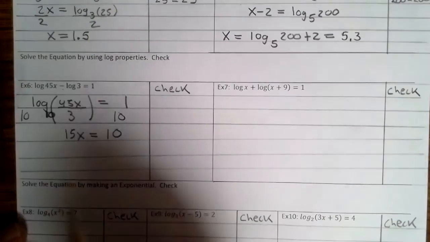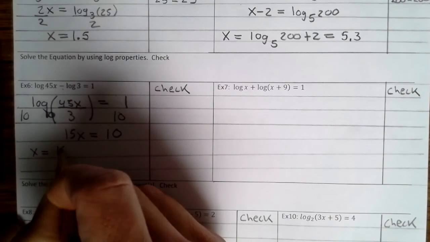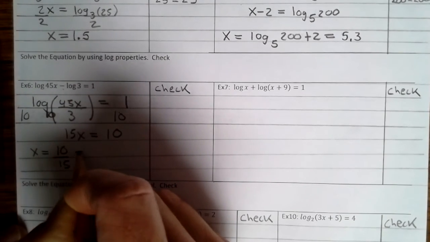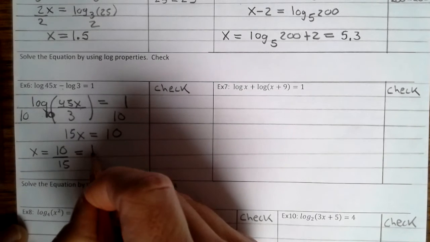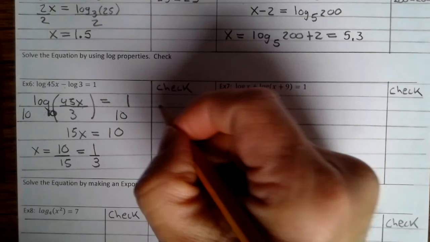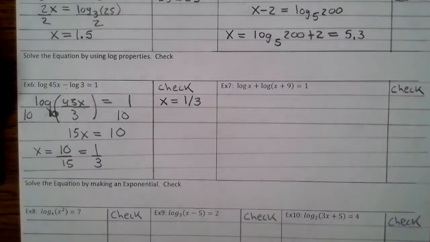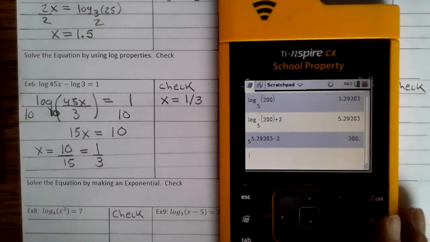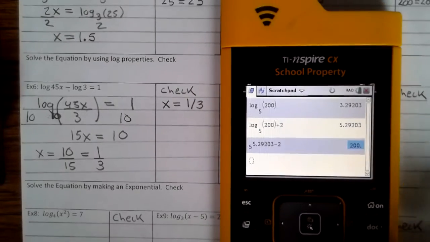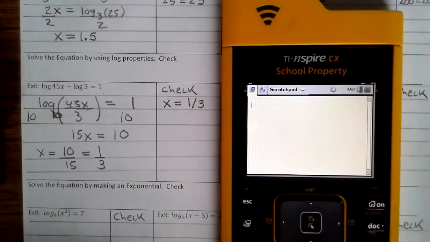Okay. Now let's check x equals 1 divided by 3. So to do that, let's delete this. We're going to plug 1/3 into the left side and hopefully we get 1. So then control log base 10 of 45 divided by 3 minus control log base 10 of 3.